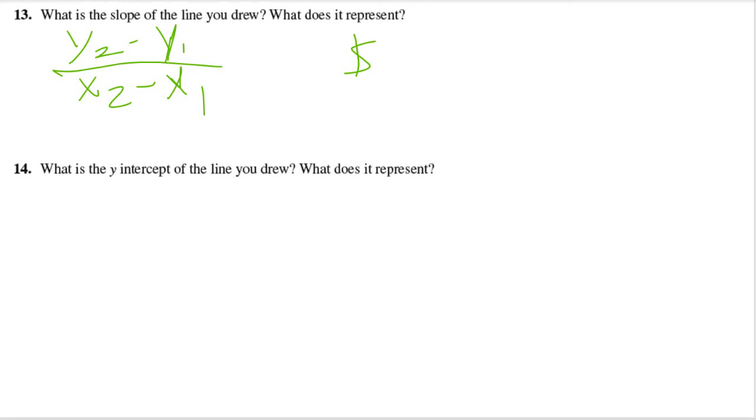But really, the slope of the line, when we calculate cost in terms of pizzas, the slope of the line is the cost of one more pizza. If we want to order one more pizza, we have to pay $9 more. The slope of the line is still $9 per pizza. Restart the video once you've done question 14.